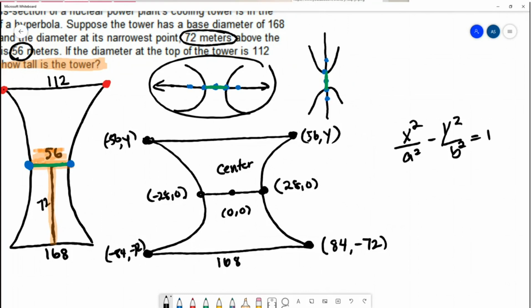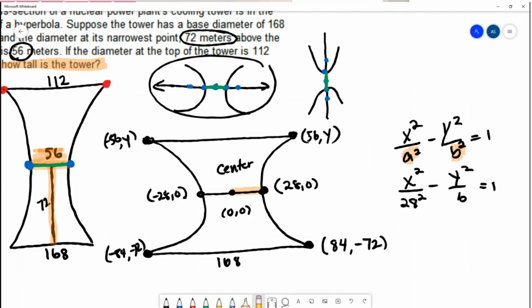Figuring out this a and b is going to be the key to solving this question and answering how tall the tower is. Using my picture, I'm already able to say what a is. a is the distance from the center to the vertex, so I know that a is 28. That gives x squared over 28 squared minus y squared over b squared equals 1.